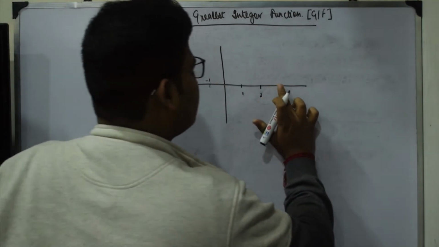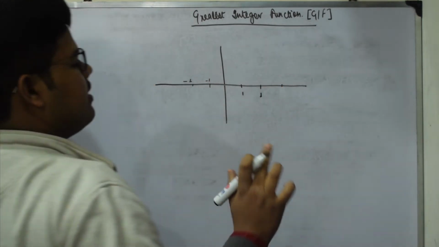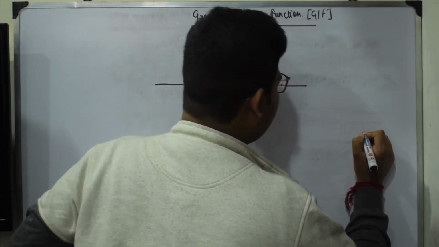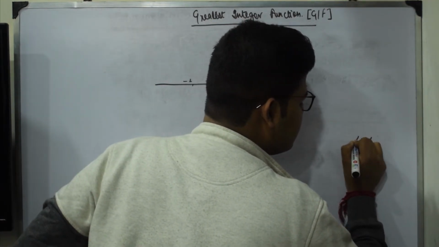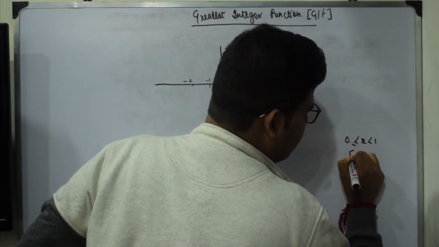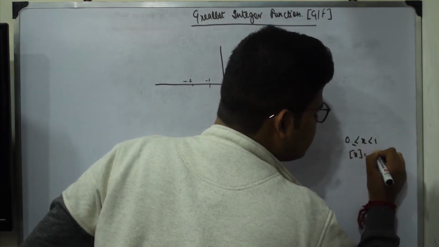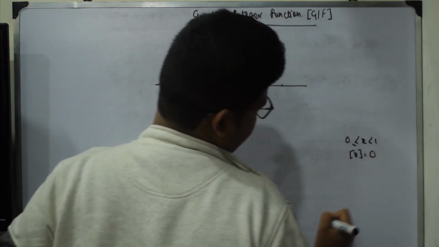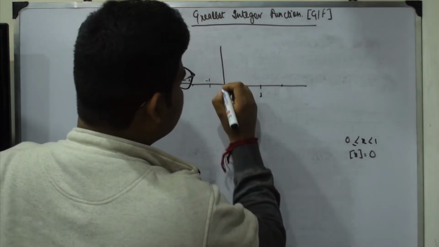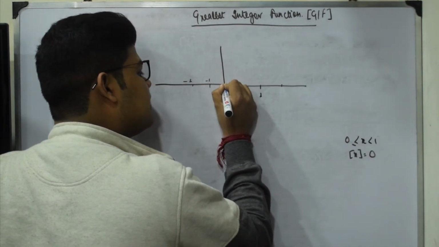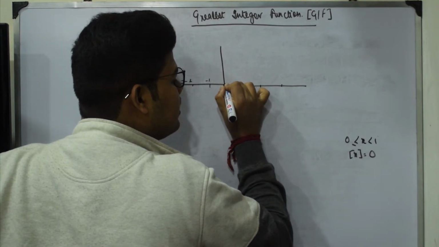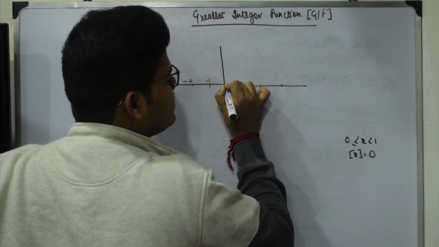Let's do only this much, the rest will be cleared. If my number lies between 0 and 1, then obviously the greatest integer function will be 0. So at 0, GIF of 0 is 0 itself, and until 1 it is 0, like this.